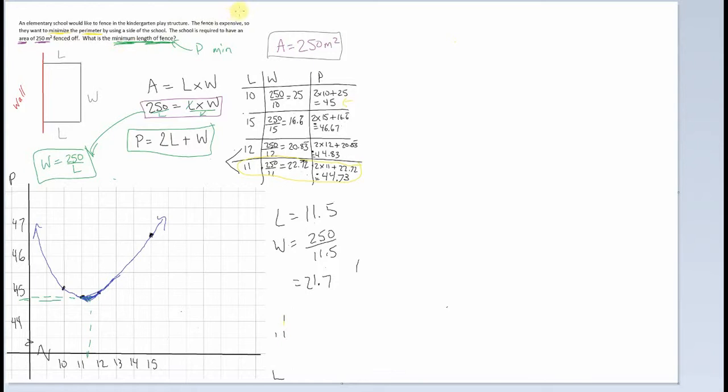So we're doing perimeter, we're doing length, so it'll be in meters. Therefore, the length of fence is about 44.7 meters. Okay?